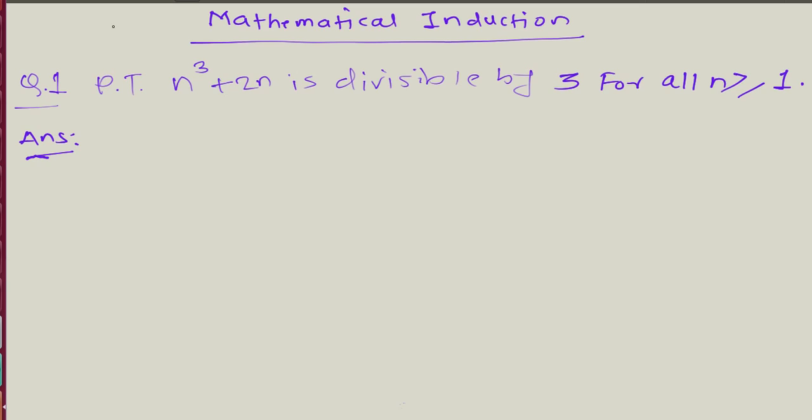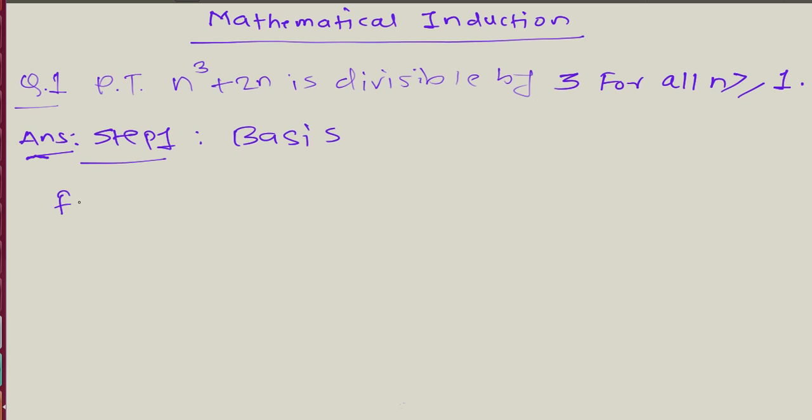So first, here is step 1. Basis. In this we prove that this theorem is true for the smallest number, or base case. Here the smallest n is 1. So let's prove that the statement S is true for n equal to 1.